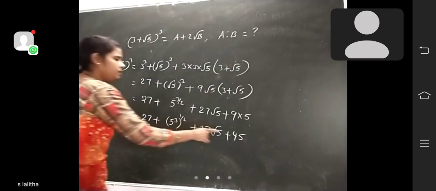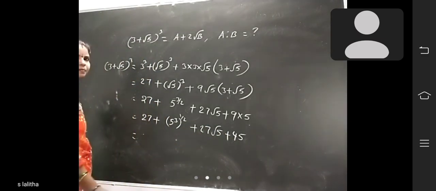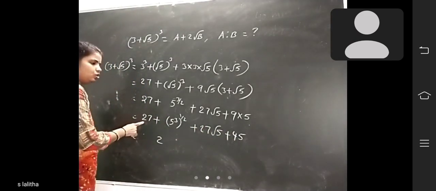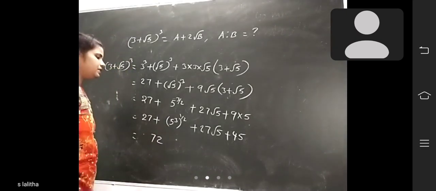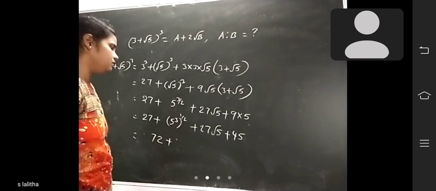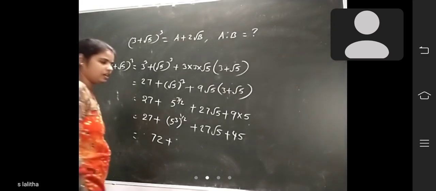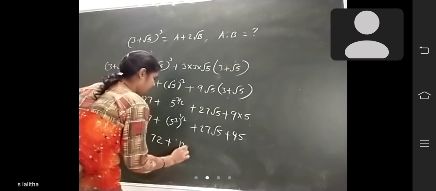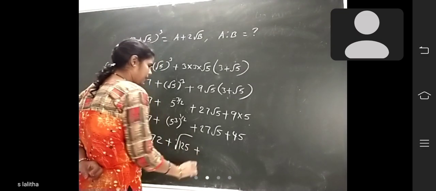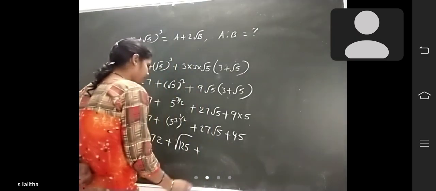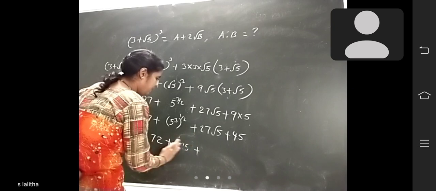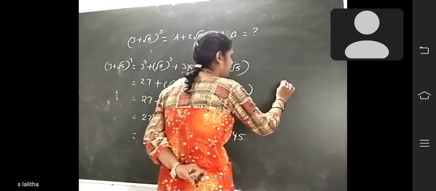So 27 plus 45 how much? 7 plus 5 is 12, 1 is remaining. 1 plus 2 is 3, 3 plus 4 is 7. 72. 5 cube means how much? 5 5s are 25, 25 5s are 125. So square root of 125 plus 27 root 5.